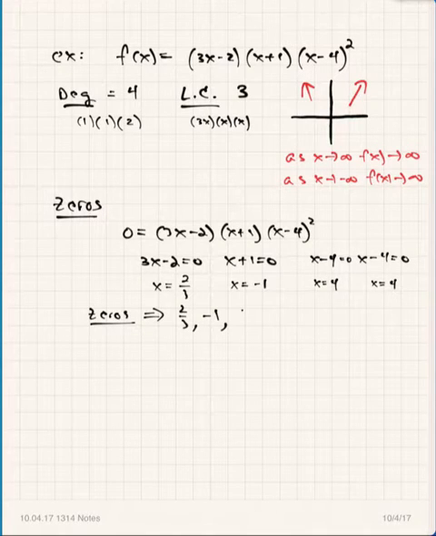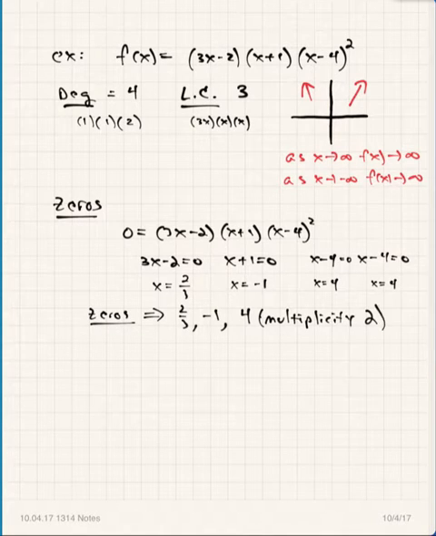And so we say that the multiplicity of this 0 is 2. This is called the multiplicity of the 0 because it occurs 2 times. So this is a 0 of multiplicity 2.